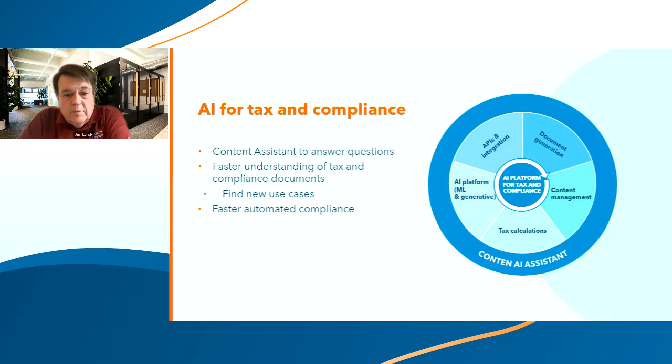One of the things we think is going to be coming online, and we'll let Avalara talk about what they're doing, is that AI platforms for tax and compliance are here, and they're going to help with a lot of different aspects of that, whether it's generating reports, managing information, doing calculations, a lot of stuff that you might have had to do manually inside of a platform, or you might have a tool like an assistant that helps you do that, or recognizes you need that and already does it for you.